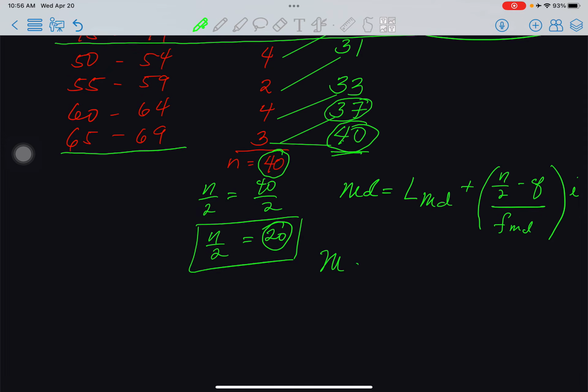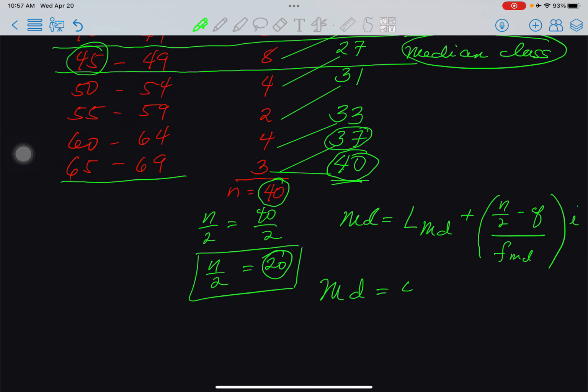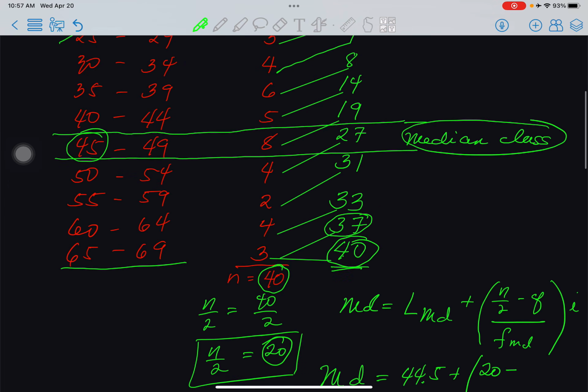The exact lower limit here is 44.5. Plus, n over 2, of course, is 20, minus your cumulative frequency below the median class.